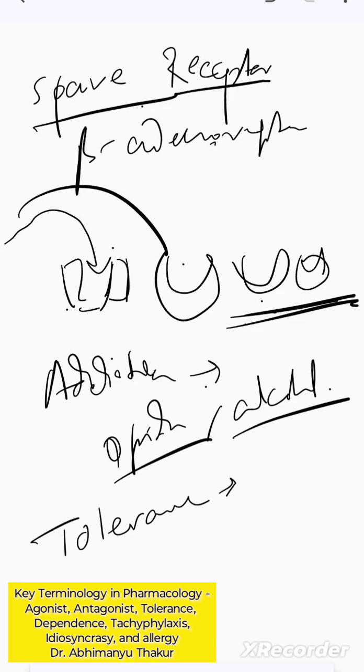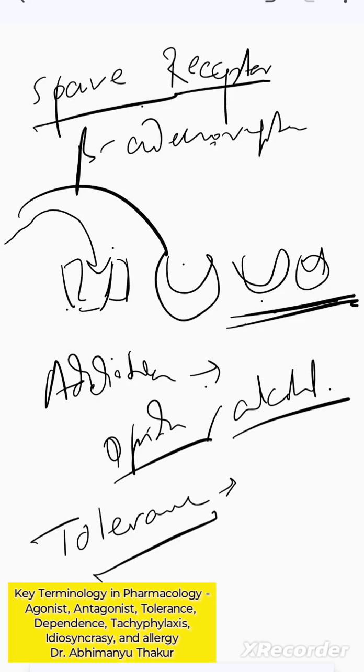Even though the drugs are used multiple times, the response is decreased because of the repeated use. For example, with morphine or benzodiazepines, there will be an achievement of this state called tolerance. The body will not respond to that drug because of its repeated use, and that's called tolerance.